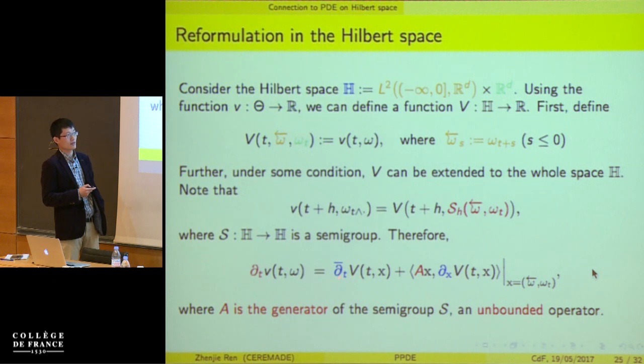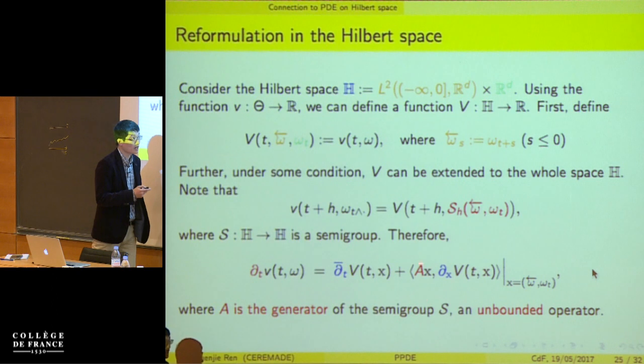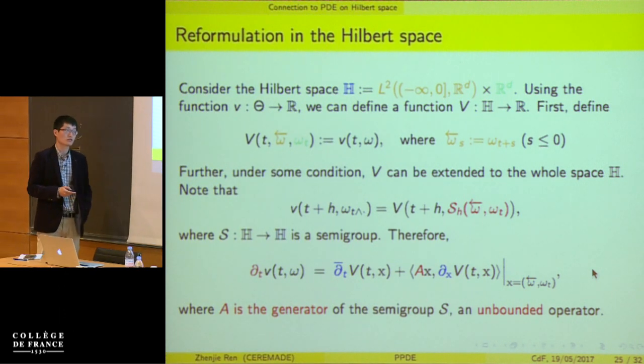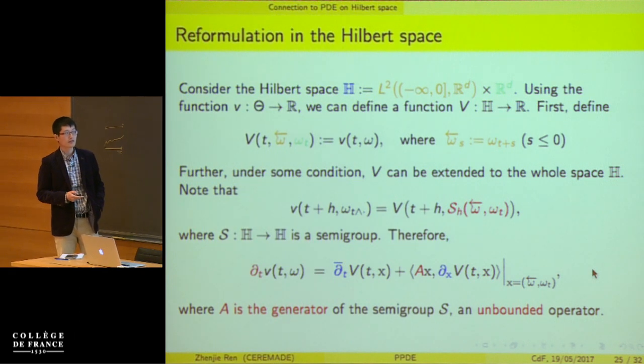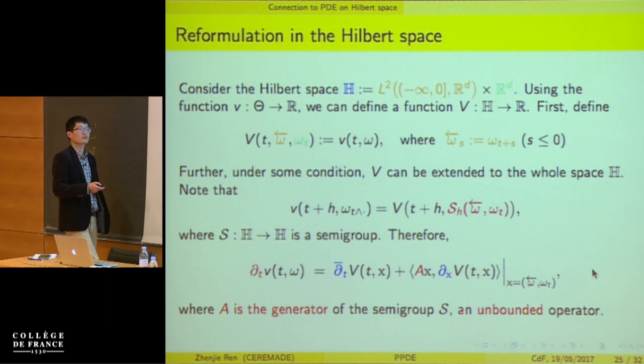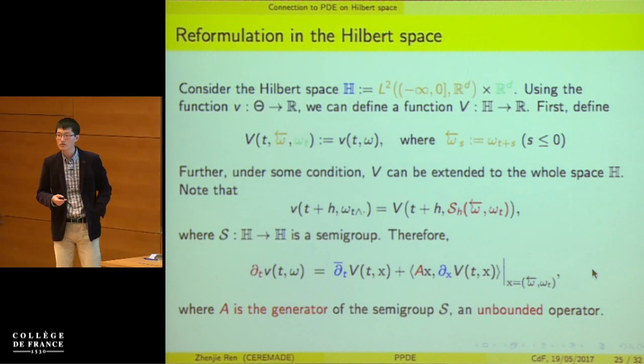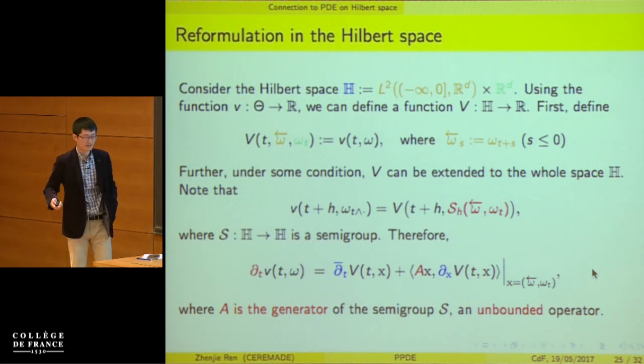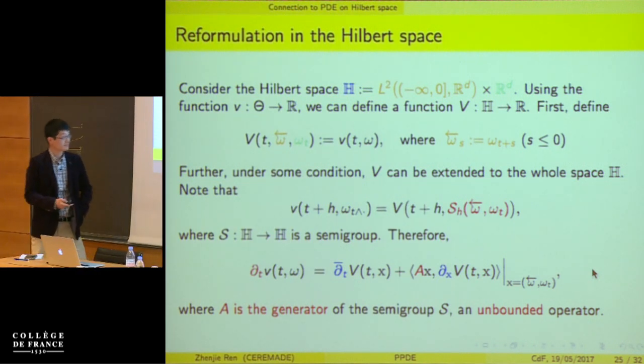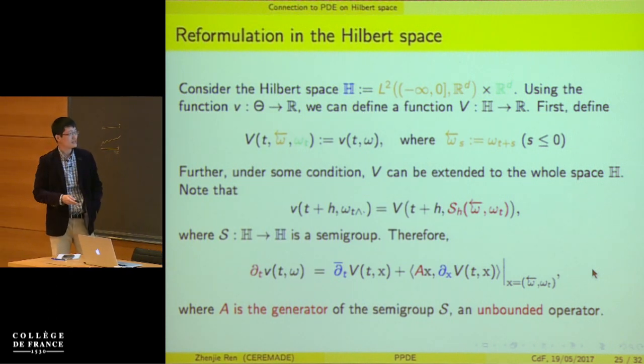First, it's the d bar t, which is the classic t derivative of the capital V function, plus the other part, which is the gradient, in the Gateaux sense, of the function capital V acting on Ax, and A is the generator of the semigroup S. Okay, and for this semigroup, in particular, the A operator is unbounded, as usual for semigroups in the general case. So we find this A unbounded generator.